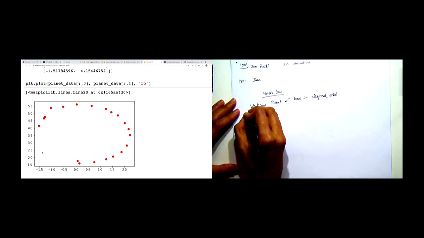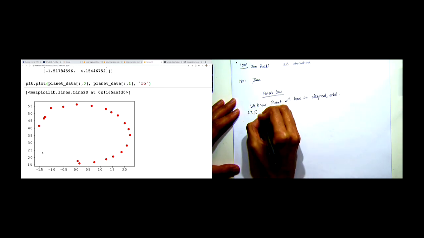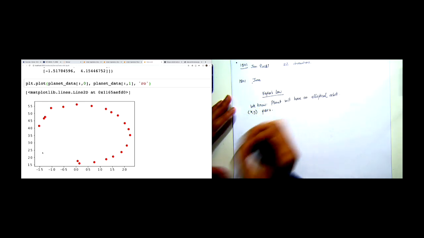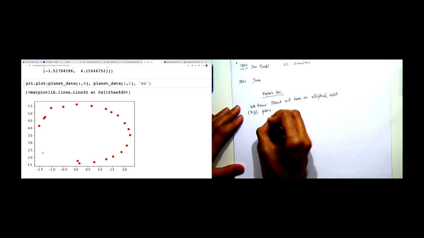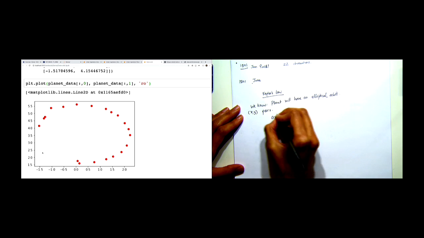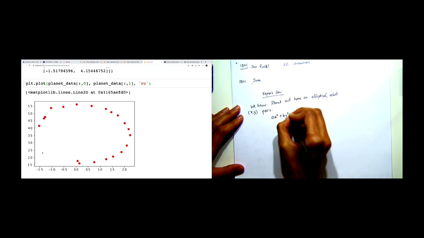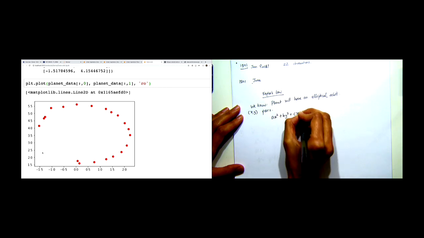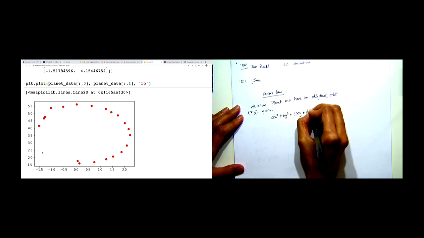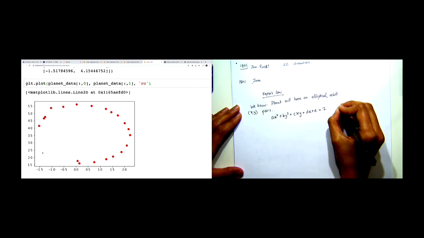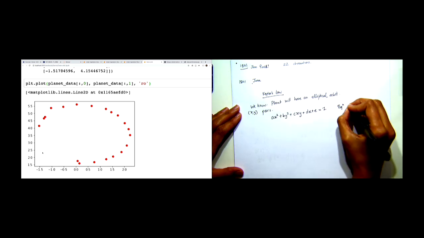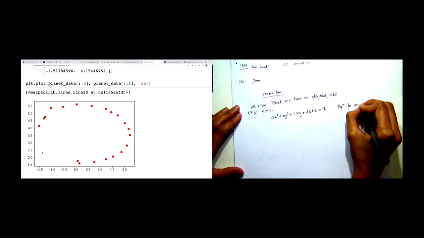And we know what the equation of an ellipse is. So if I have these XY pairs, I know they're basically following some path such as ax squared plus by squared plus cxy plus dx plus ey equal to 1, right? This is just the general equation for an ellipse.